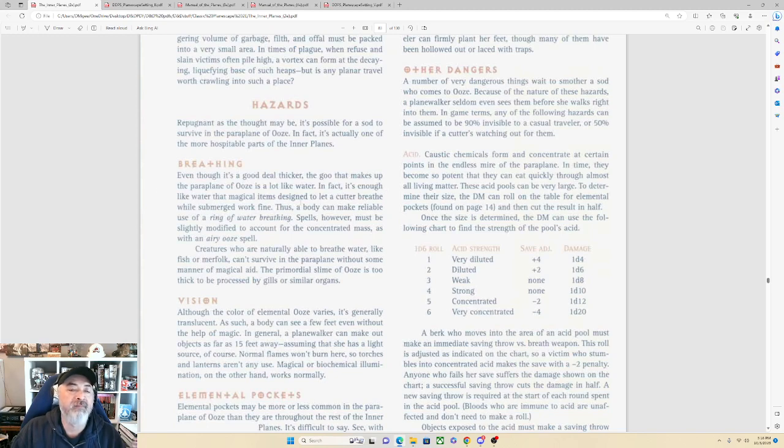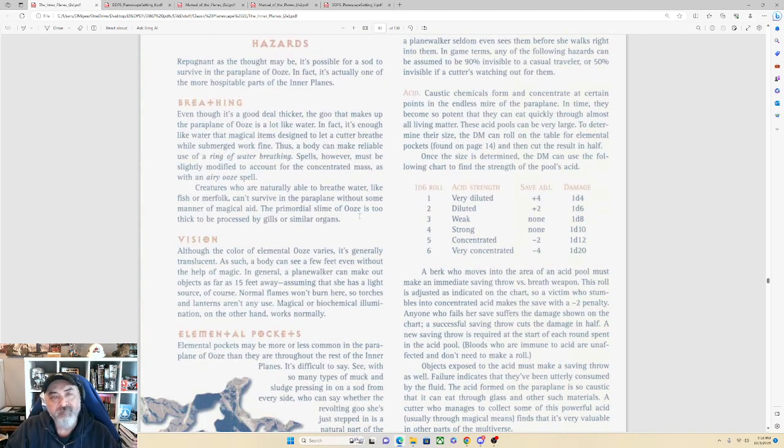It's enough like water that magical items designed to let you breathe will work just fine: ring of water breathing, spell of water breathing, anything like that. Anything that can naturally breathe water can't survive without some sort of magical aid because the slime is too thick to be processed by gills. So that's saying it's friendlier. As long as you have magical aid, you can breathe here.